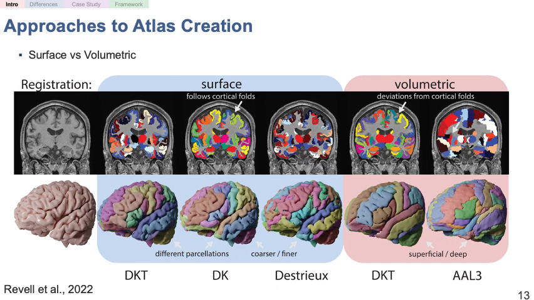Another dimension to consider in atlas creation is the fact that atlases can be registered to individual brains using surface-based algorithms or volumetric-based algorithms. Surface-based registration can provide superior labeling of cortical regions over volumetric registration, but for other atlases where their regions extend deeper into the brain, like the AAL atlas, registration methods may not matter as much.